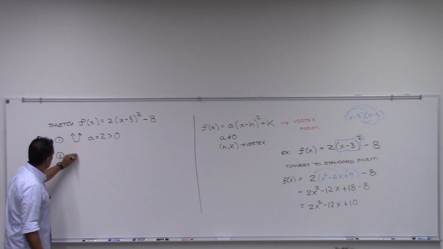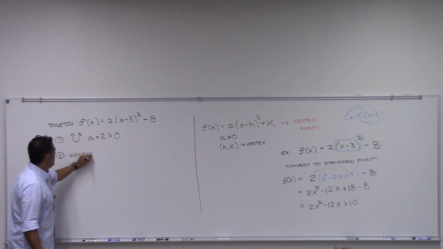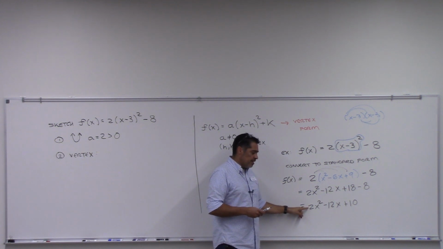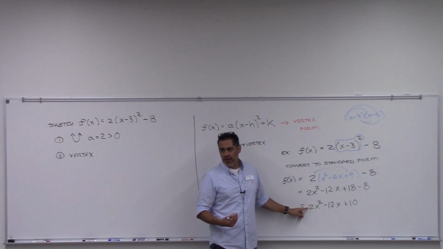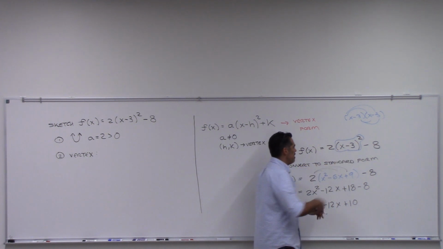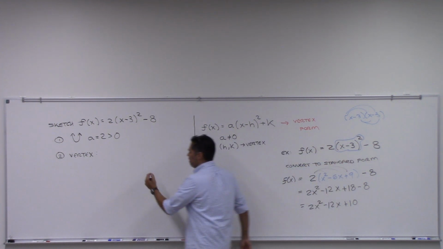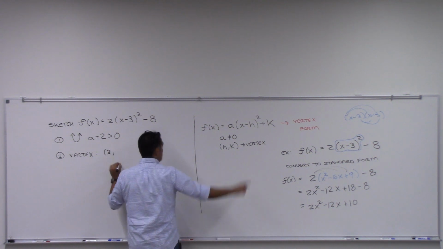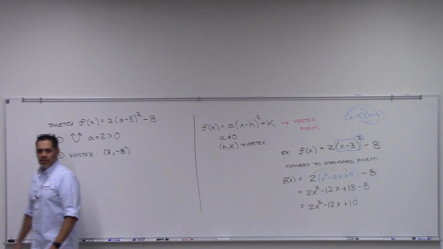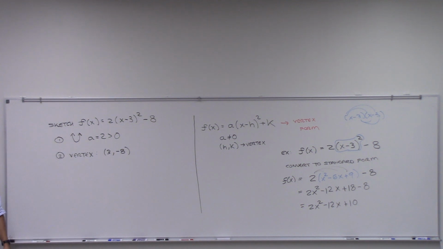For standard form, to find the vertex you have to use a formula, but for vertex form you have it right there. It's the opposite of this number, 3. And whatever number is on the outside, minus 8, it's that number exactly, not the opposite. So I already know that my vertex is at 3, -8.